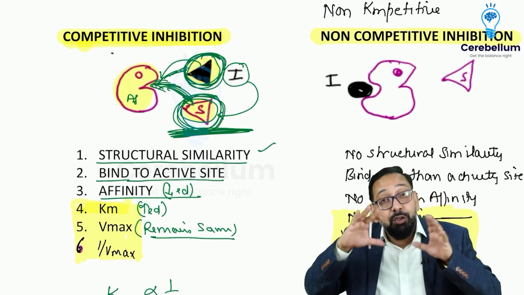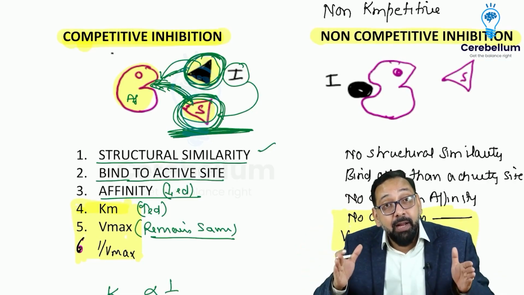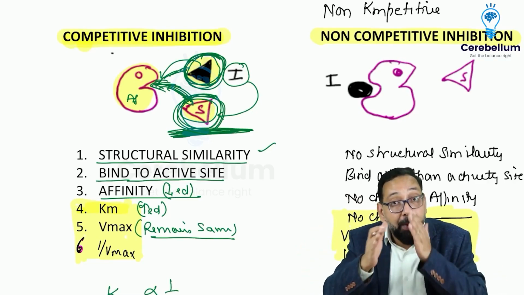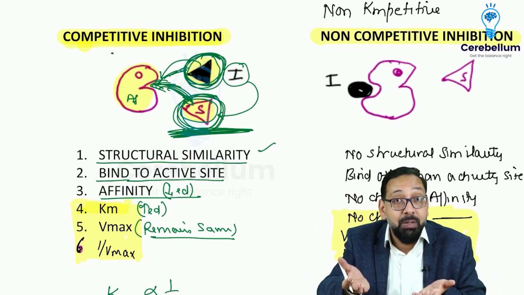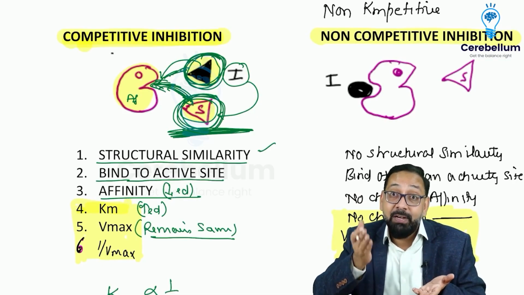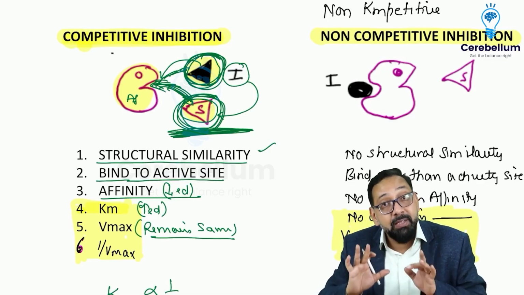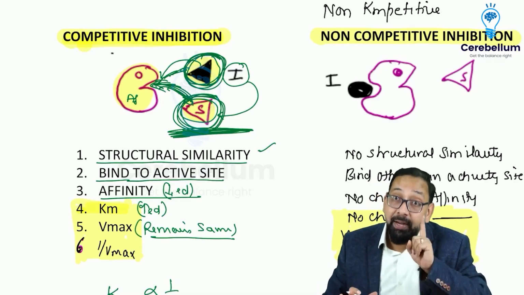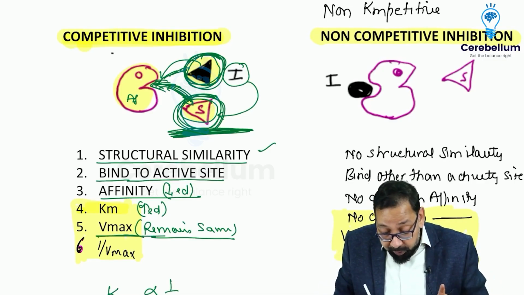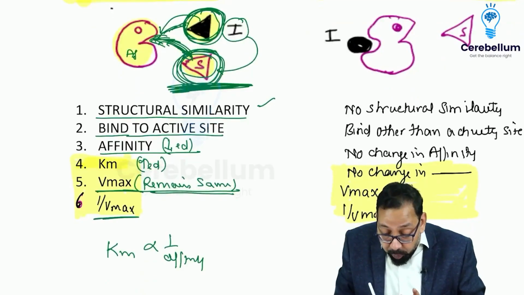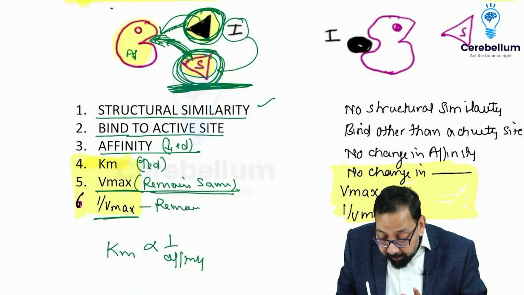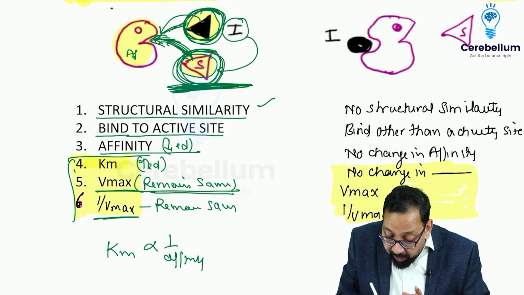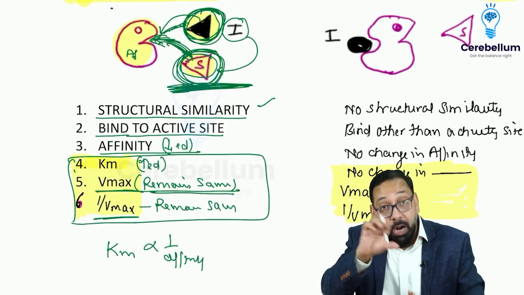If substrate concentration is very high, all active sites will be occupied by substrate. You will achieve Vmax. Vmax is achieved when all active sites are occupied by substrate. Means you can achieve Vmax. So Vmax remains same. So 1 upon Vmax also remains same. So these three are important to solve questions on graph.